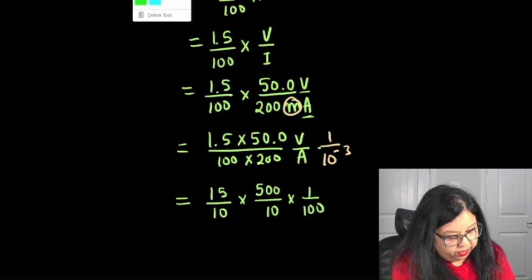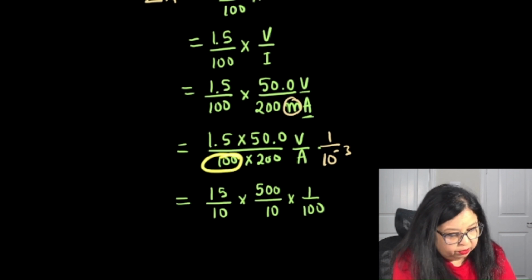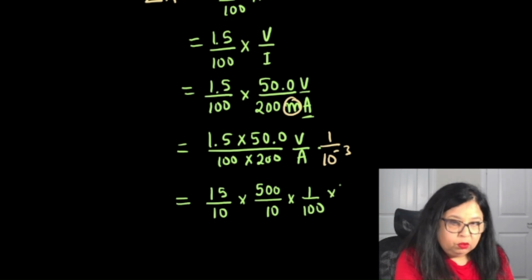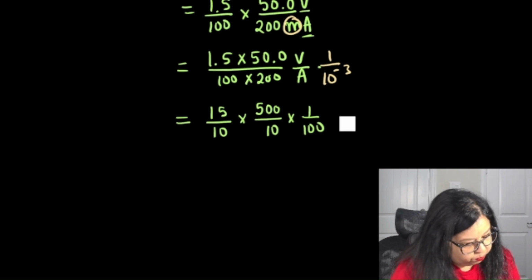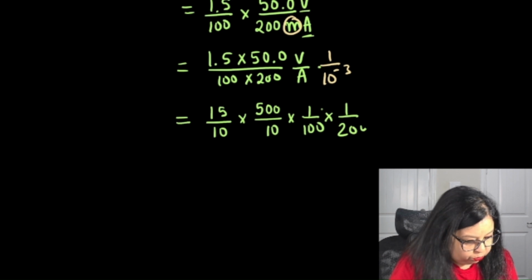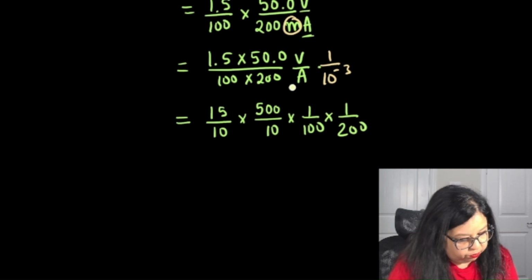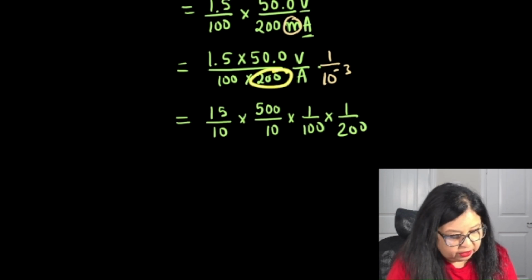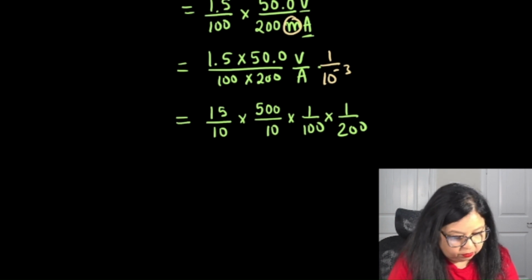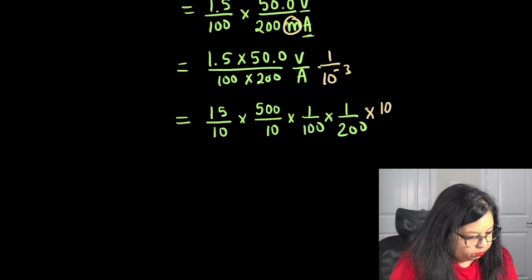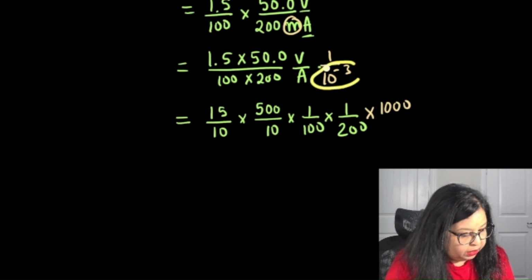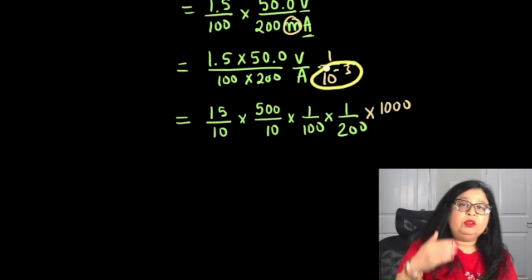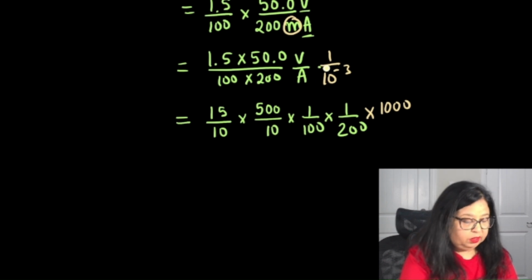And this 100 is this one over here, times 1 over 200, where the 200 is this 200 over here, times 1000. And where's that 1000 coming from? This 10 to the power minus 3, it goes upstairs, gives you 1000.